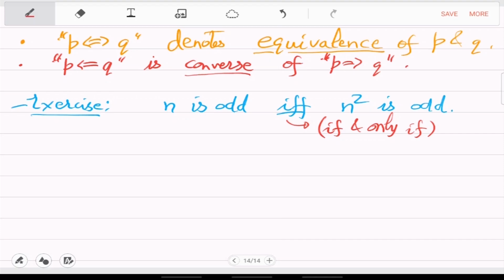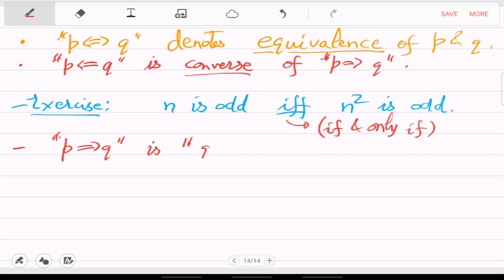Basically, let me write this in words. So P implies Q is also written as, is it P if Q or Q if P?